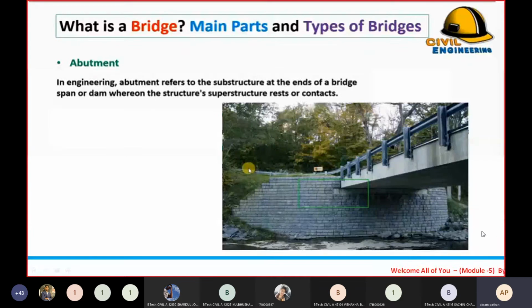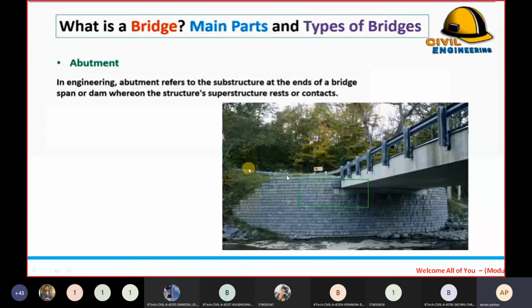So on both sides of the end of the bridge, we have to construct the abutment wall, and to protect from erosion, we have to construct this wall on both sides at the end of the river or end of the bridges. Such a wall we call an abutment.